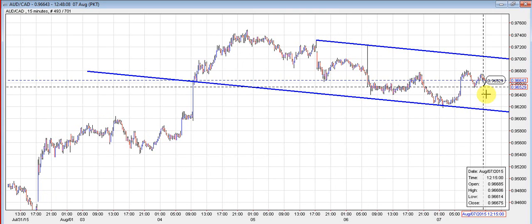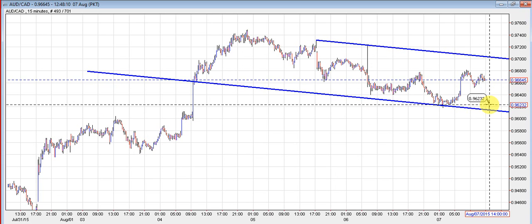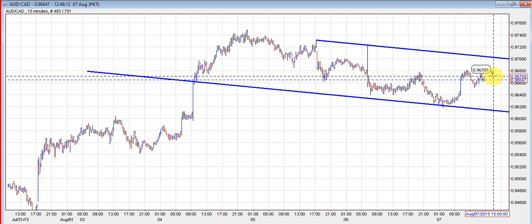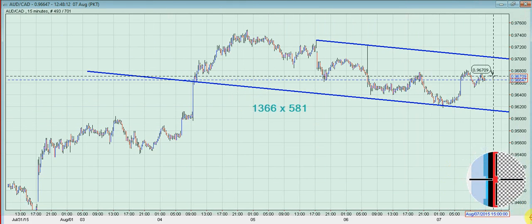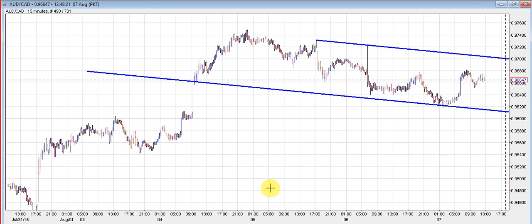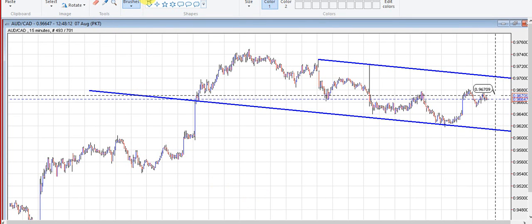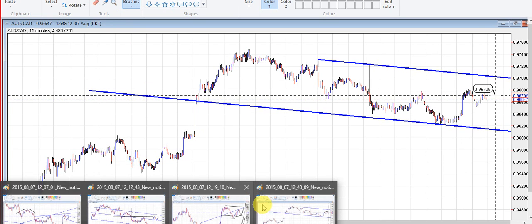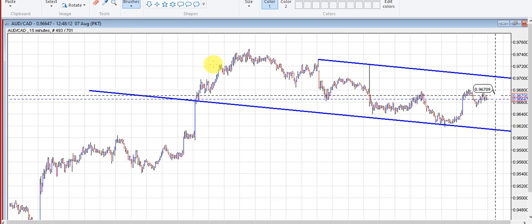Forming at the top of the range. So basically this implies there could be a continuation pattern, something like this.